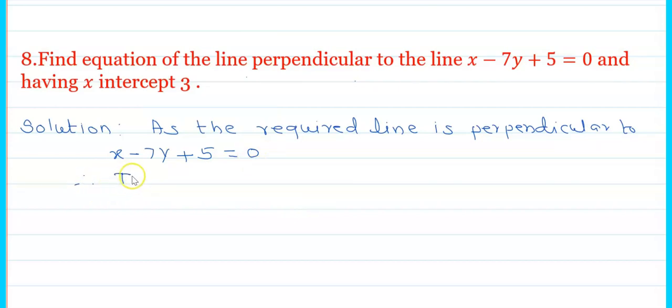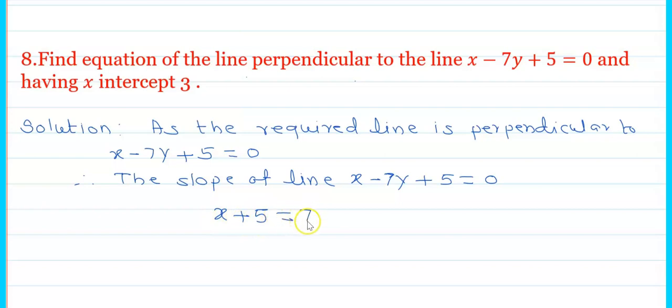Therefore, the slope of the line x minus 7y plus 5 equals 0. Okay, now we'll find out the slope of the line. x plus 5 equals 7y, and therefore y equals 1 upon 7 x plus 5 upon 7.